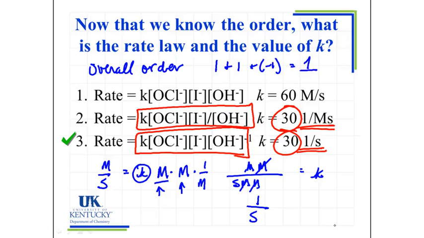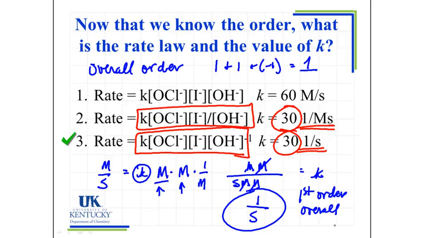And what I want to tell you that you probably need to put to memory, but we'll mention it many times, is every time you have a first order overall reaction, that will be the unit of k. Every time. If it's first order overall, the unit of the rate constant is always 1 over seconds.